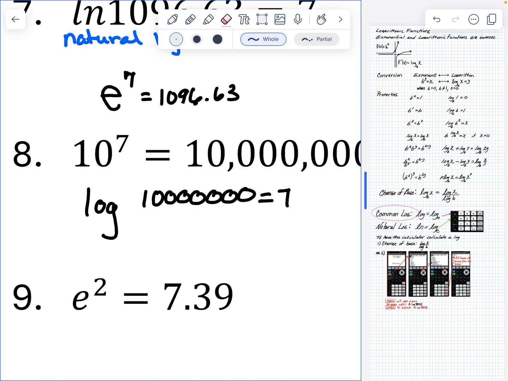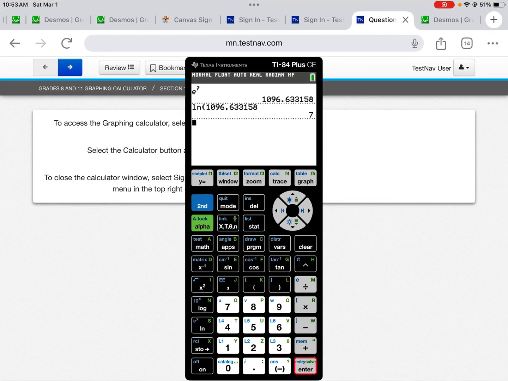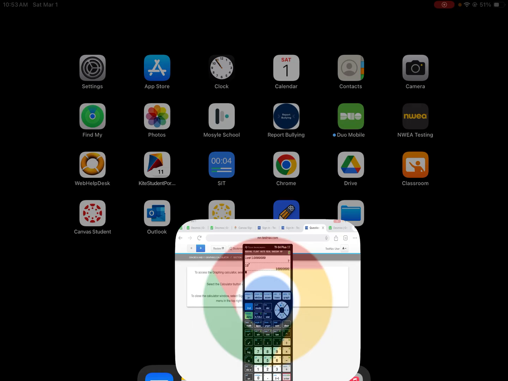And again, on the calculator, if you just hit the log key and type in 10 million, that is 1 with 1, 2, 3, 4, 5, 6, 7 zeros, and hit enter, it will tell you 7. Or if you do 10 to the power of 7, you will get 10 million. They are inverses of each other.